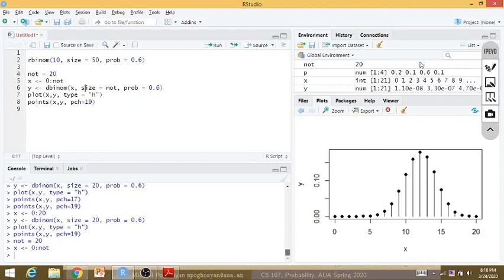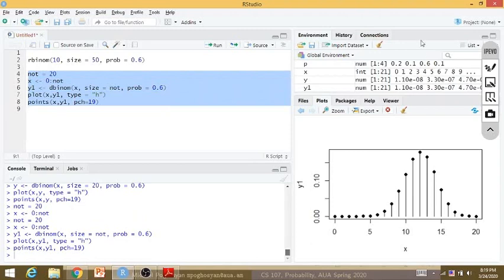Okay, so this is, say, for 0.6, and let me call this y1 and plot that with y1. So I'm running this. This will give the same picture because everything is the same, except you can see these are the values of y1. Now I want to add the same thing. I want to generate the PMF, but with another probability, the probability of success is say 0.3 or something like that.